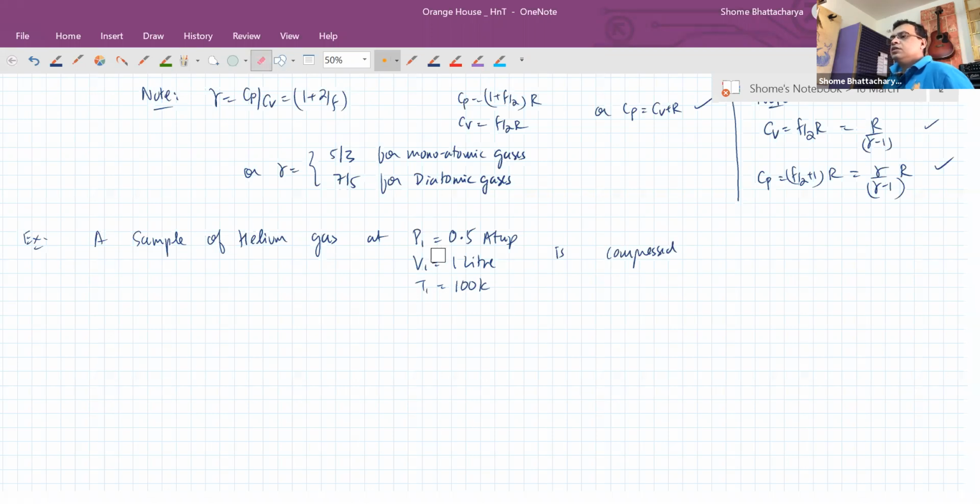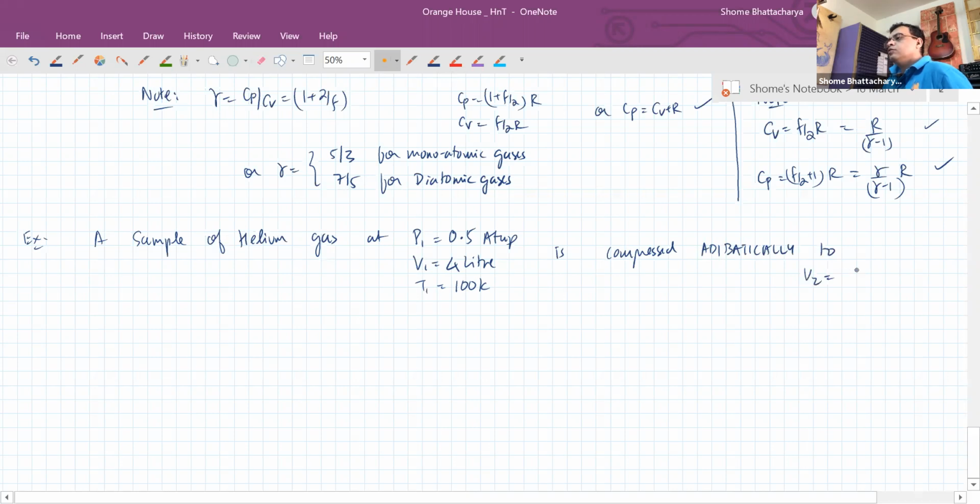So let's take the initial volume as 4 liters, is compressed adiabatically to a volume of 0.5 liters.